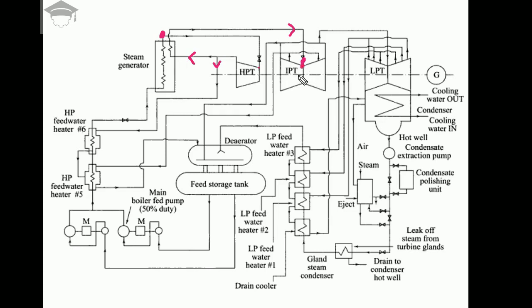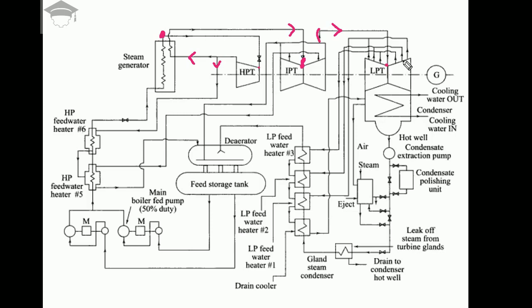We have two intermediate pressure turbines. At the inlet, the steam correspondingly expands, and this is the outlet, as well as this is the outlet. From this outlet we further take one line, and the remaining steam passes to the low pressure turbine. This is the inlet for these two low pressure turbines, and these are the outlets.